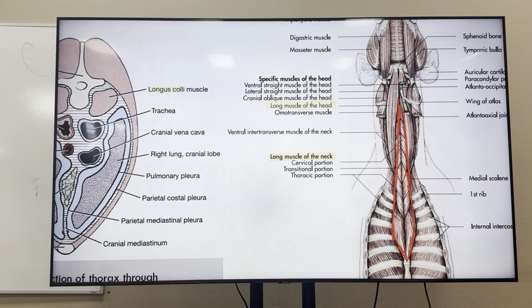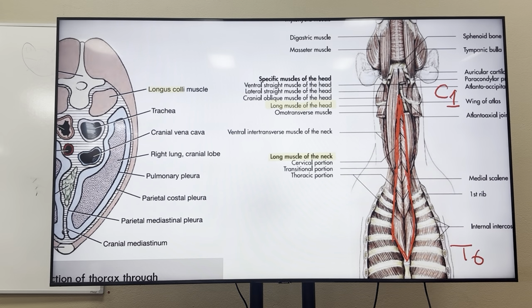It occupies the cervical to the thoracic region, extending from C1 to T6.